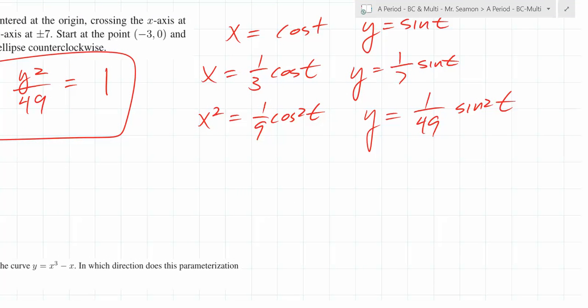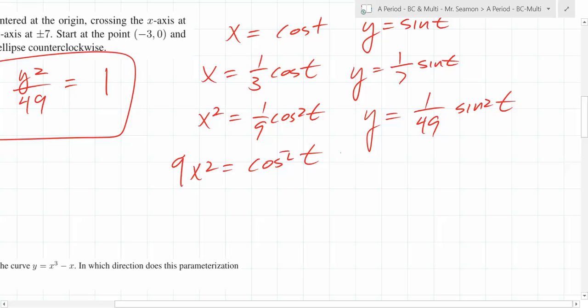Oh, okay, but those coefficients mess it up, so you end up with 9x squared is equal to cosine squared t, and then 49y squared equals sine squared t. Now, can you add the right-hand side? Oh, you could, but what's the problem? They're not where they should be, right?